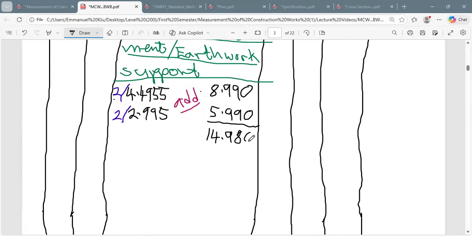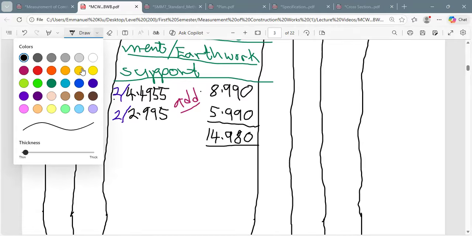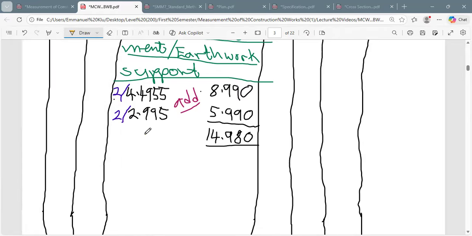Good. And that is the outer surface. So let's just say this is the outer surface, or let me say the outer face. What about the inner face too?